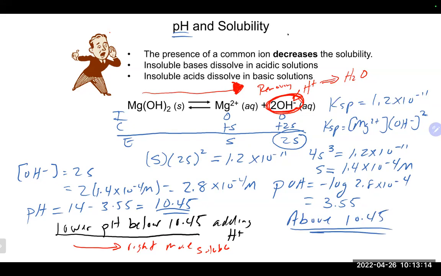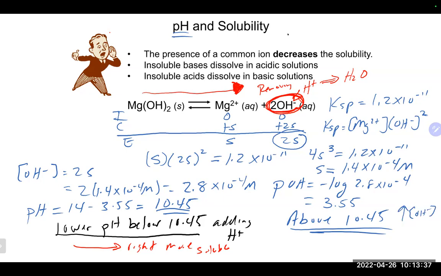When I take the pH above 10.45, I'm going to make it more basic, right? Which means the OH minus concentration, is it going to go down or go up? Yeah, the OH minus concentration should increase, right? In order to make it basic, you're probably going to add a base, which is adding more hydroxide.